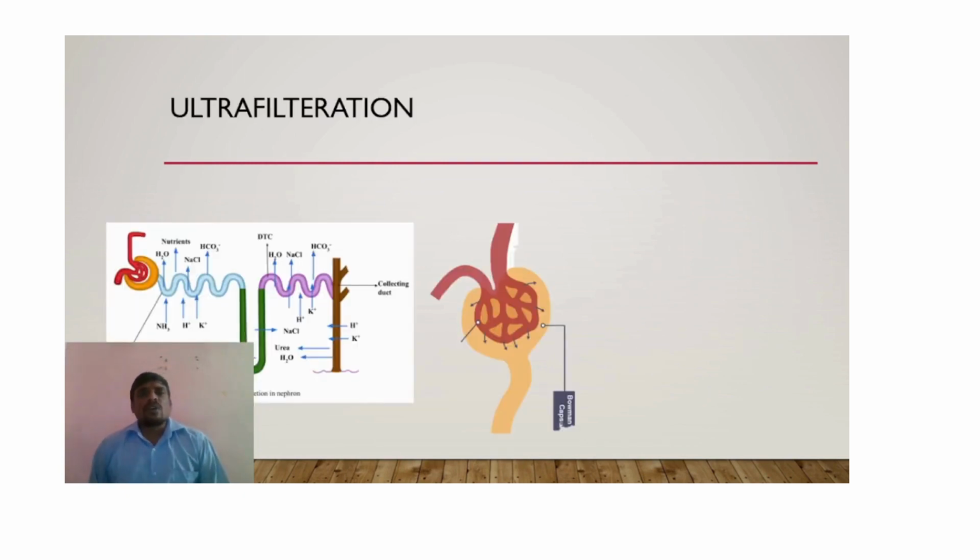Now let us learn about ultrafiltration. What do you mean by ultrafiltration? Ultrafiltration occurs inside the glomerular capillaries. What are they? Glomerular tubules or capillaries that are inside the Bowman's capsule of the nephron.